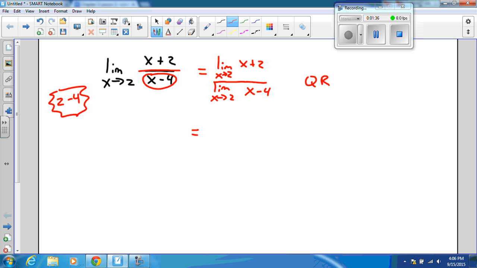And then each one of these top and bottom limits will now be further evaluated with limit properties. In this particular case, the top limit is the limit of a linear function, and so I can evaluate with direct substitution. 2 plus 2 is 4. And the bottom one is also a linear function, so I can again evaluate with direct substitution. And off to the side, I'll just put a linear function rule.